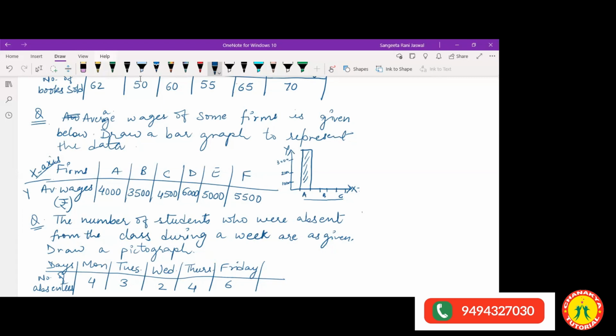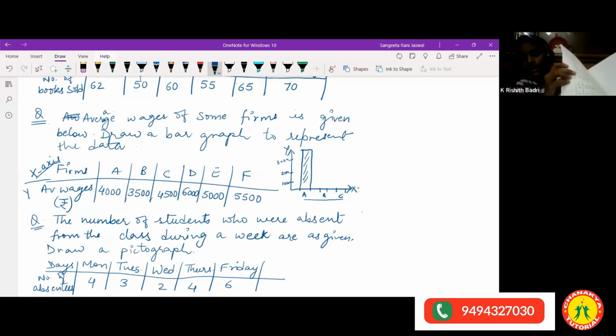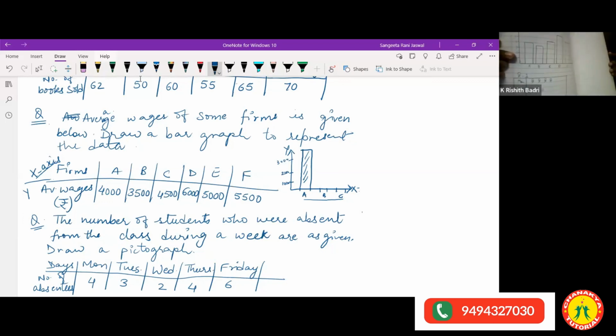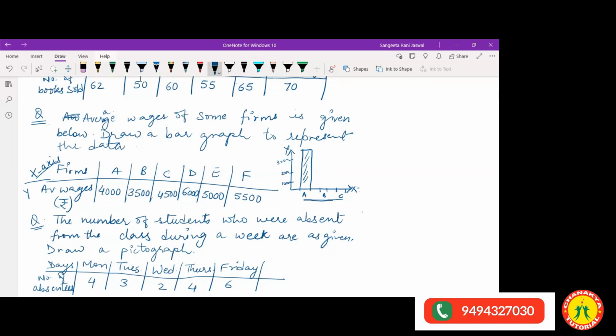Okay, that's nice. What have you taken on your x-axis? Ma'am, on x-axis, I took wages. No, 1 second, on x-axis you have taken firms, A, B, C, and on y-axis you have taken wages.